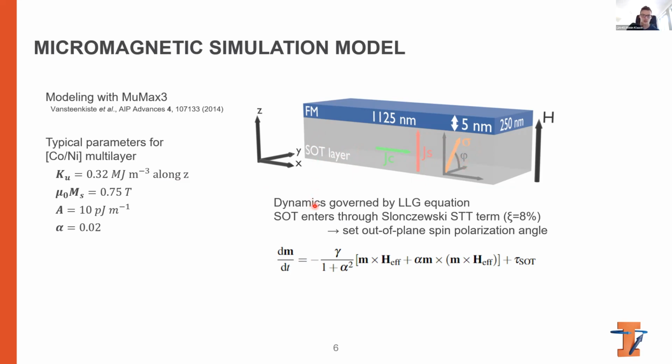And as usual, the dynamics in our simulation are governed by the Landau-Lifshitz-Gilbert equation, where the spin-orbit torques enter through the Slonczewski spin-transfer torque term, and this allows us to set any arbitrary out-of-plane spin polarization angle phi, so we can do our simulations with different out-of-plane angles. And we also apply an external magnetic field only along the z direction.